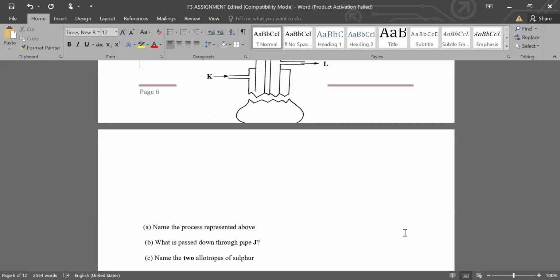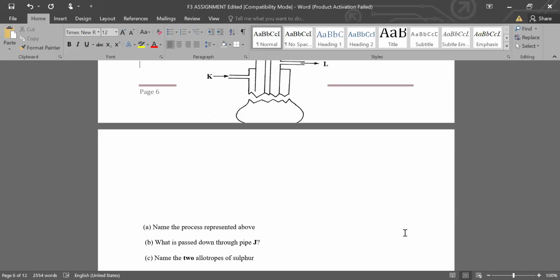So we can continue with the next question. Now that we are done with the allotropes of sulfur, one is rhombic, which is formed below 96 degrees Celsius, and the other is monoclinic, which is formed above 96 degrees Celsius.